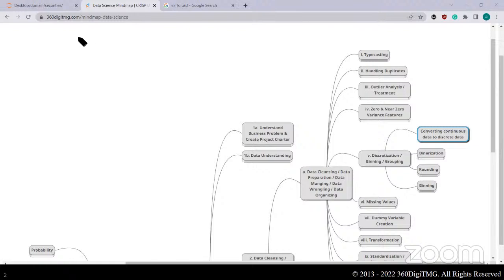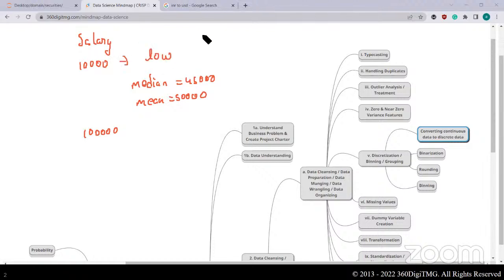So let's say you have salary. Again, you have salary 10,000. You have salary 1 lakh. The median is something like 45,000. And the mean is 50,000. Okay. So what you can do is you can take the lowest value.